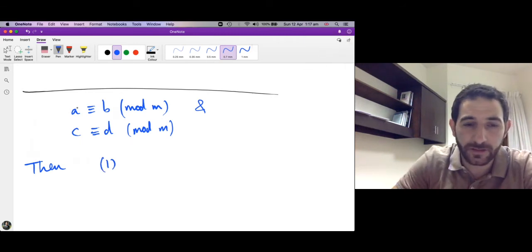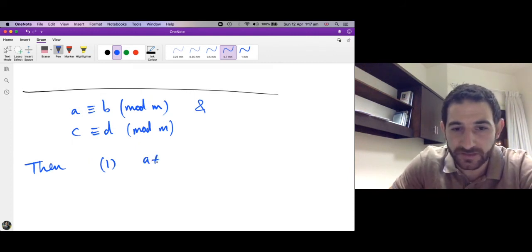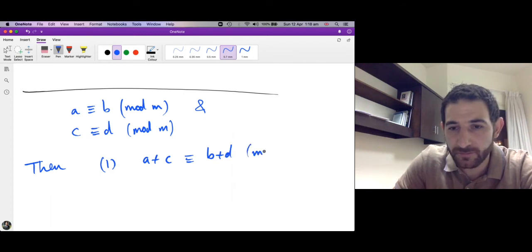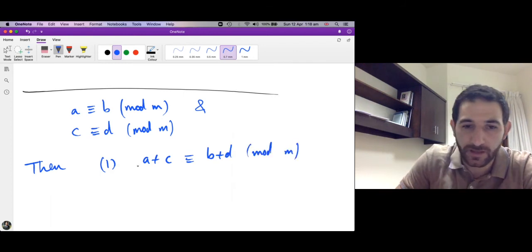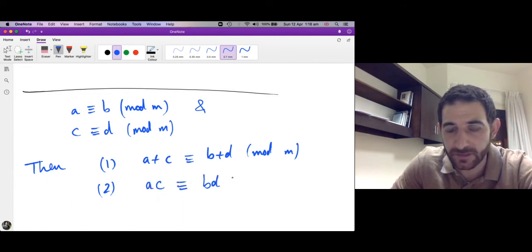The first, the sum of the sides are congruent, so A plus C is congruent to B plus D modulo m. And two, the product of the sides are congruent, so A times C is congruent to B times D modulo m. This is what we proved.